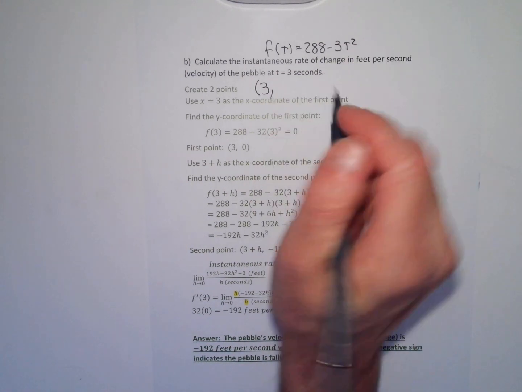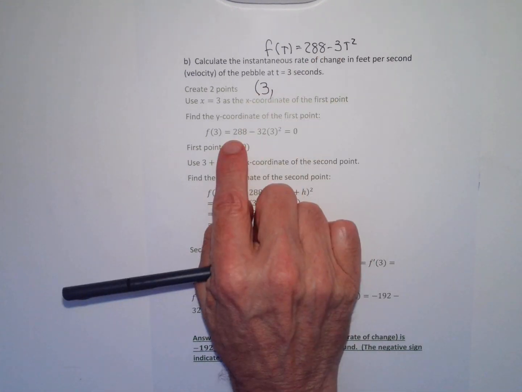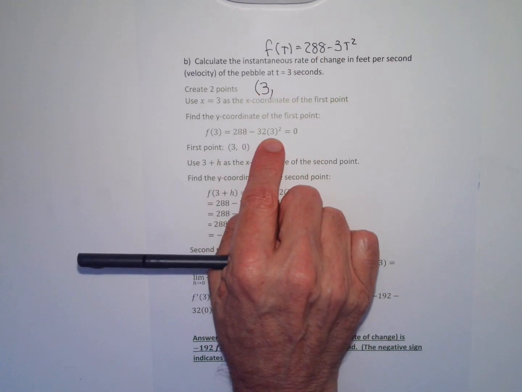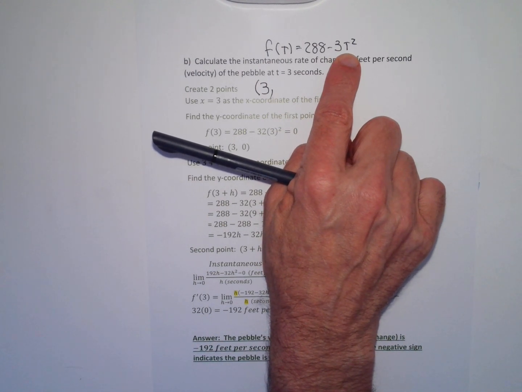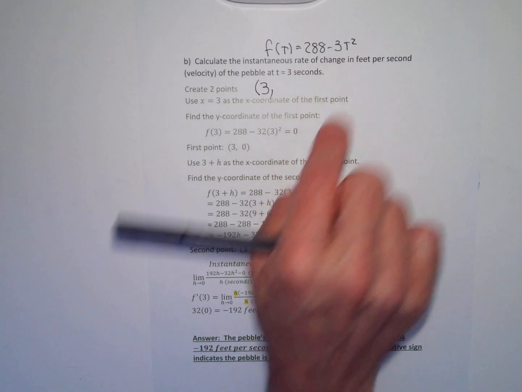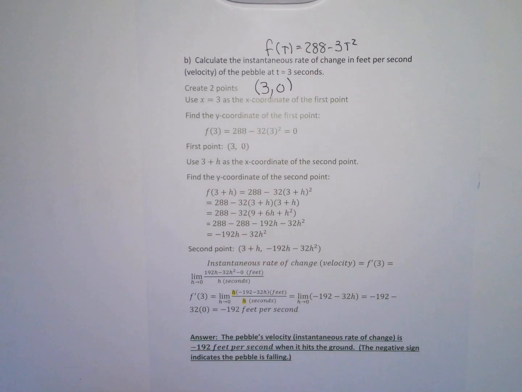So the x value of my first point is 3. To get the y value, I take the x value and plug it in for the t value, because this is time and not really x, but it's in the x position. When I plug 3 in for this t, I do the algebra and I get 0. So that's my first point.